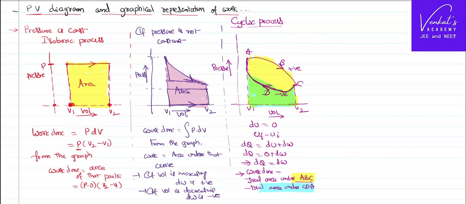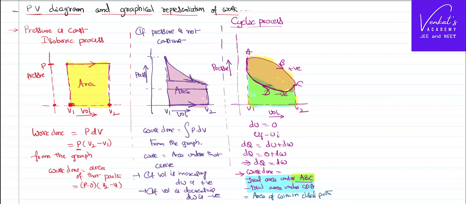If you remove the area under CDA from the area under ABC, what remains is the area of the PV graph within that closed path. If I remove that yellow by green, you will get this pinkish one.